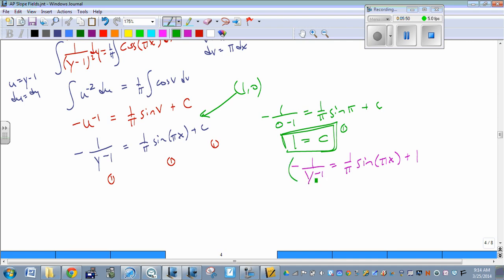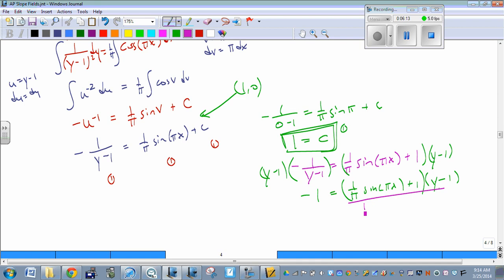So I'm going to multiply both sides by y minus 1. And then we want to get that y by itself, so we need to get rid of all of this stuff over here. So we're going to divide both sides by 1 over pi sine of pi x plus 1.